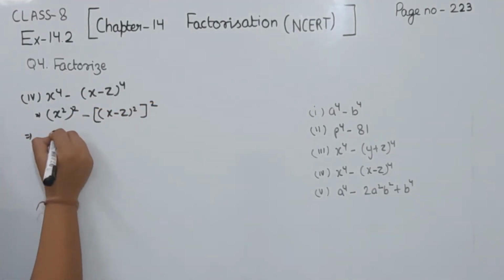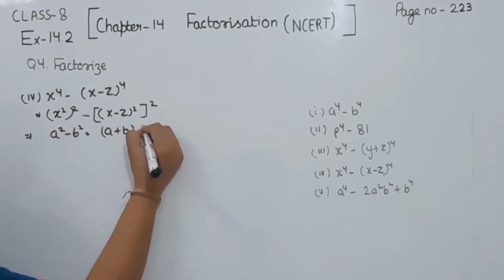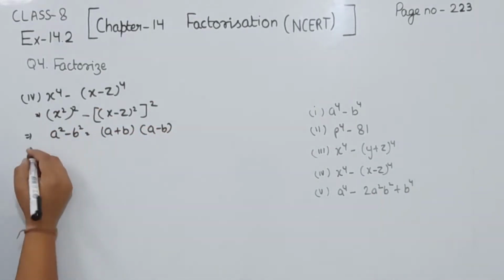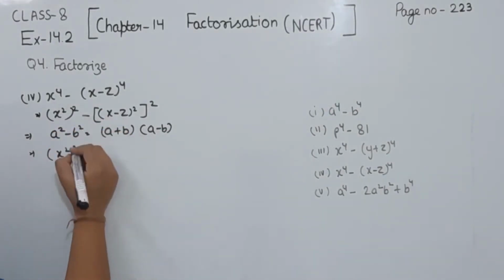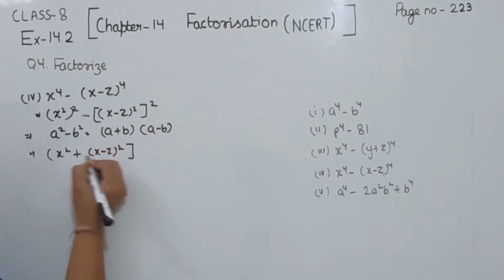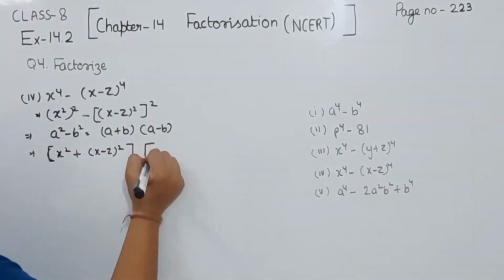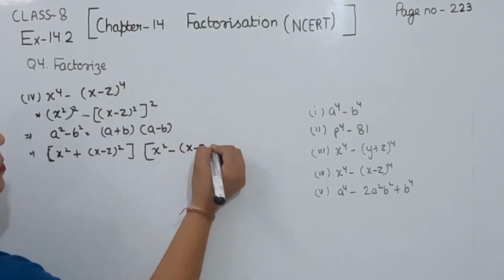Now I'm going to use the formula here, a square minus b square is equal to a plus b and a minus b. So I'm going to write this as a plus b, and this is a minus b.